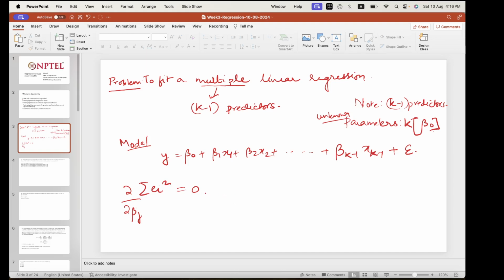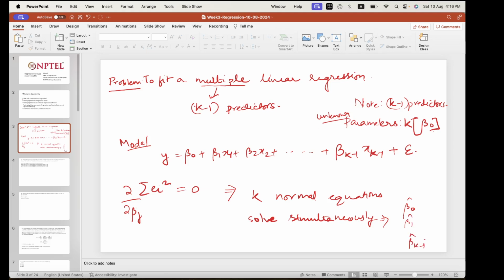we would come up with how many equations? K normal equations. Okay, because we have k unknown parameters. So then we'll have k normal equations, and then we'll solve those simultaneously. And then we would obtain the estimates of beta naught hat, beta 1 hat, up to beta k minus 1 hat.